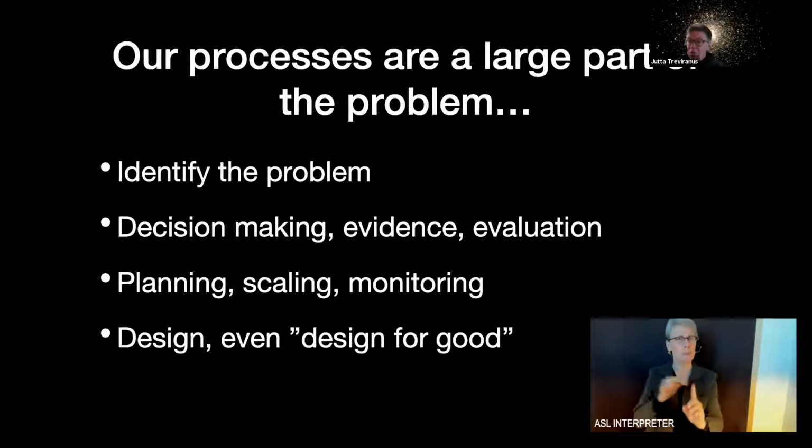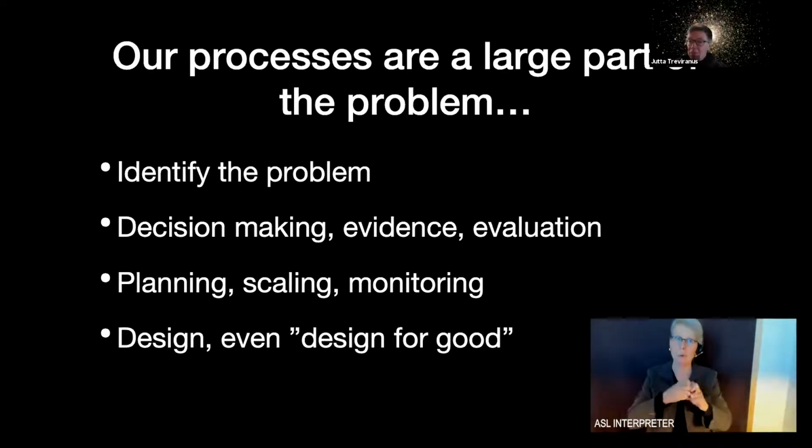It's actually more difficult than any of us realize, because the processes we use to design, the processes we use to plan, to do many of the things that we have started to try to do here, are a large part of the problem, in fact. They're part of that vicious cycle.